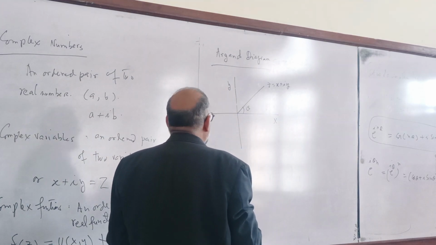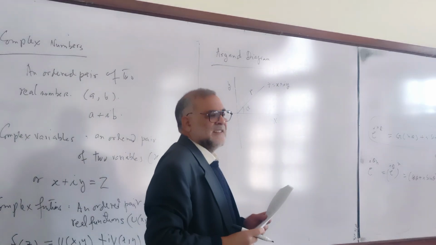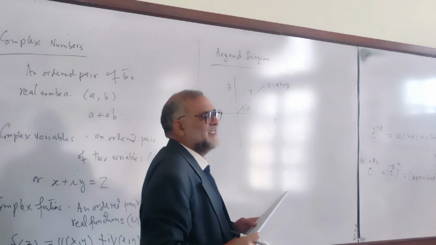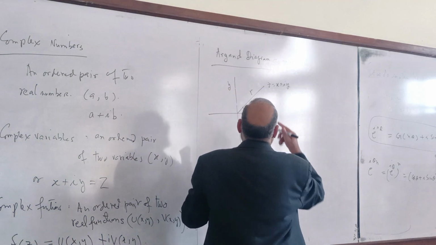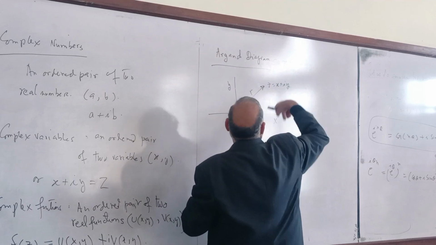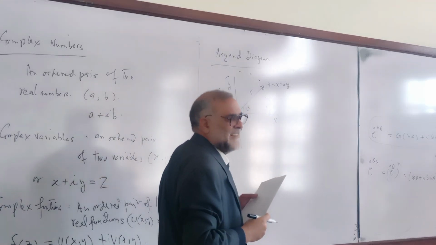And this is called r, which you may call the radius of a circle described by the tip of a complex number.